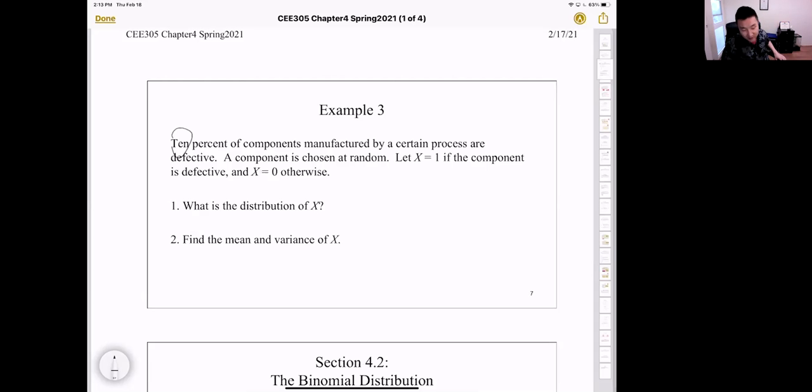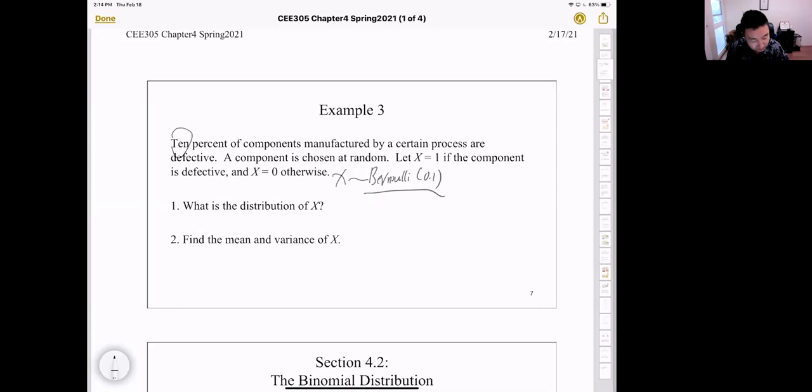This is a classic Bernoulli trial. We should write X follows Bernoulli(p). Here, p is equal to 0.1, 10%. So X follows Bernoulli(0.1).